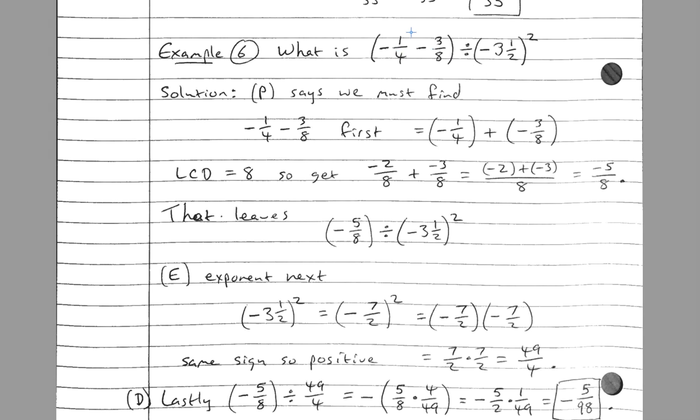Okay, so this piece in parentheses is really, we worked it out to be -5/8. Again, that -5 on the top, it's a negative over a positive, so this whole fraction is negative, like we saw before.